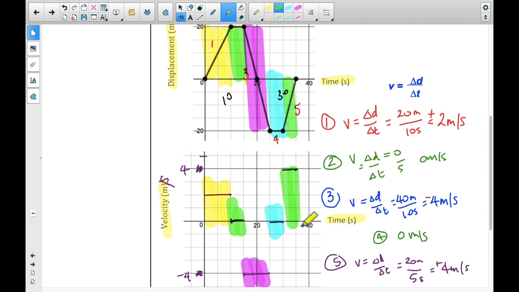Okay, so I want to draw those parallels so you see the time is matching up from this graph down to this graph. They match up together time-wise. Another thing is that I want to connect these, and sometimes people get a little stuck on how I'm connecting these. So let me erase some of my highlights and come back and talk about connecting.